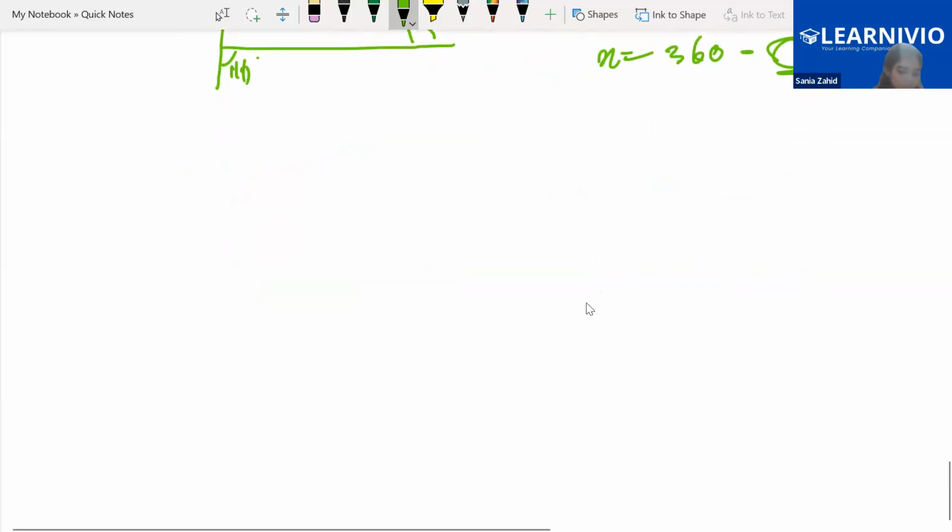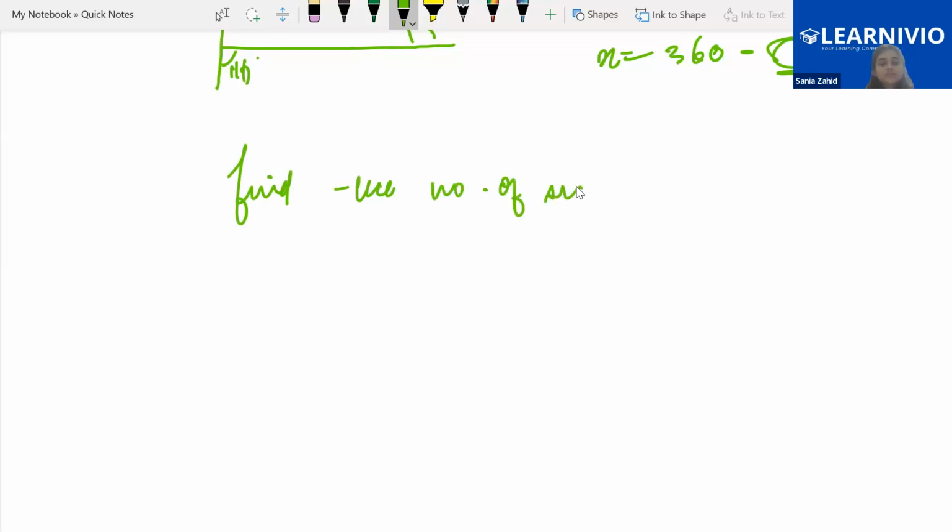So now we come to, for example, it is given to you that if there is a regular polygon, and you have to find the number of sides when each exterior angle is 45 degree.